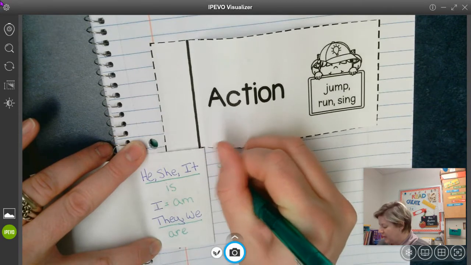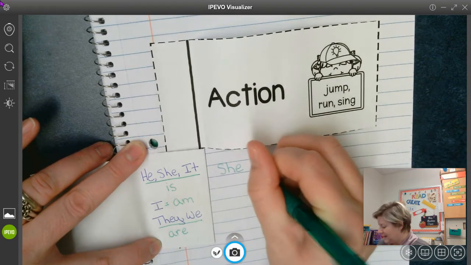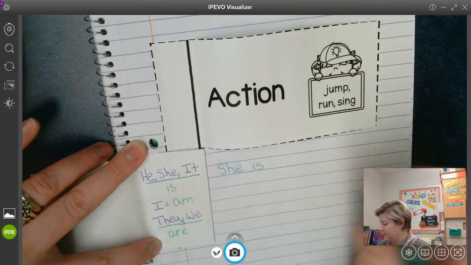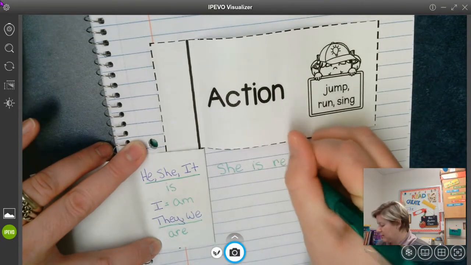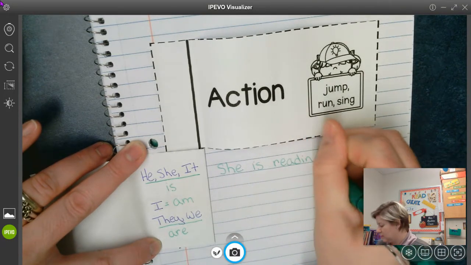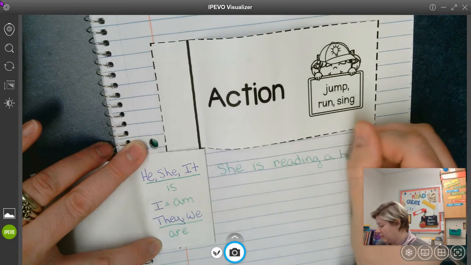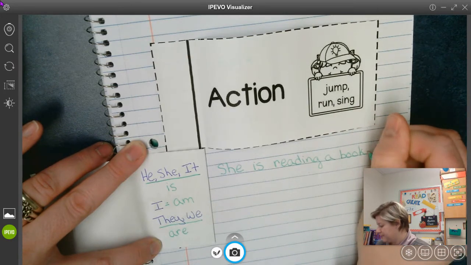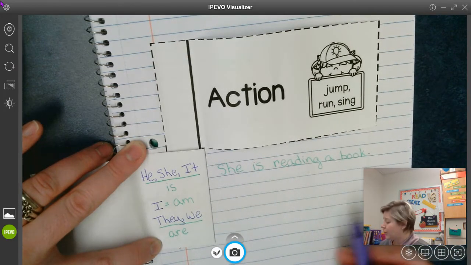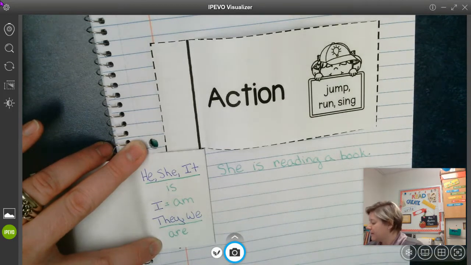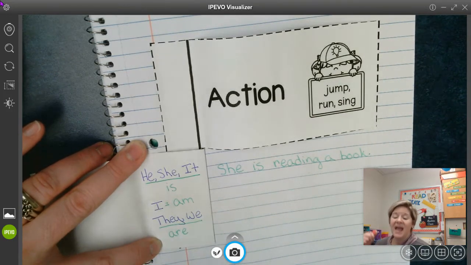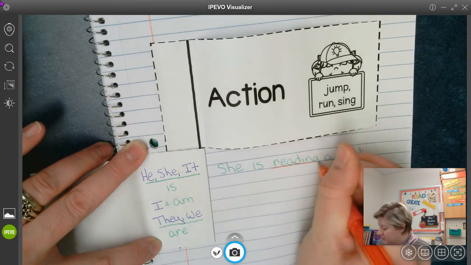So, she is reading a book. Okay. So I'm going to grab another pen real quick. My action verb, what she is doing, is she is reading.